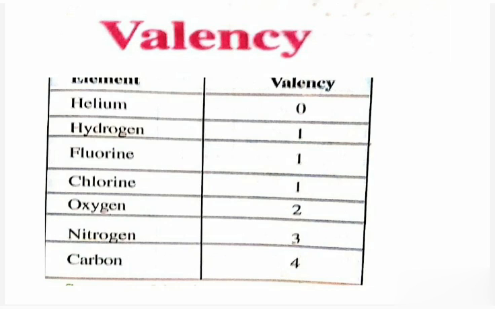To get 8 electrons, how many electrons are less? 7 electrons are less. It is easy to gain those 7 electrons, or it is easy to lose 1 electron. It is easier to lose one electron when we compare it with gaining 7 electrons.